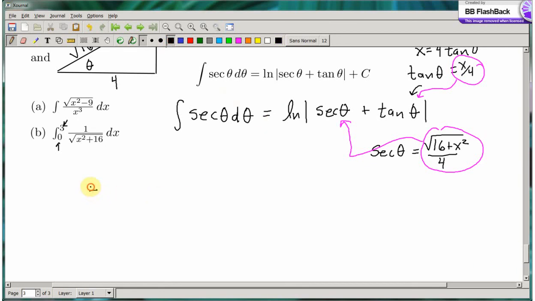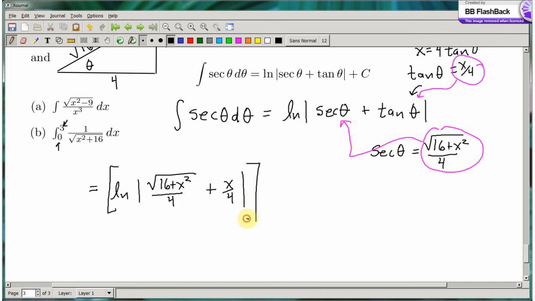So I've got the natural log of, now I've got the square root of 16 plus x squared over 4, and this tangent thing has become x over 4. And we still have the limits of integration that go from 0 to 3. Okay, so from 0 to 3.